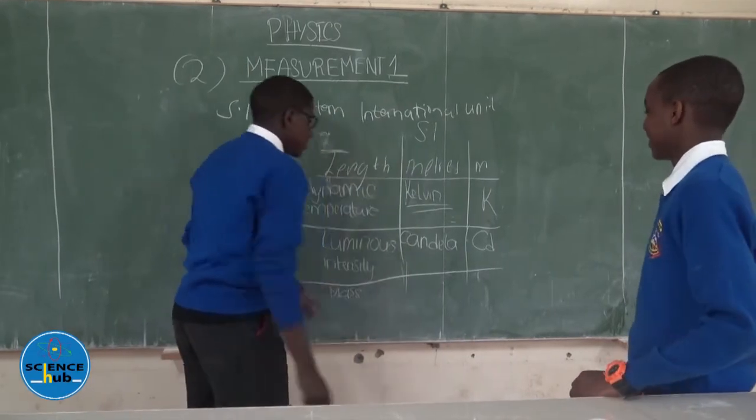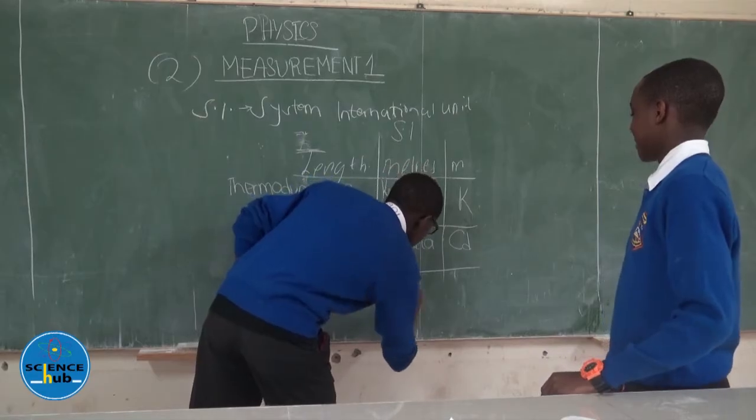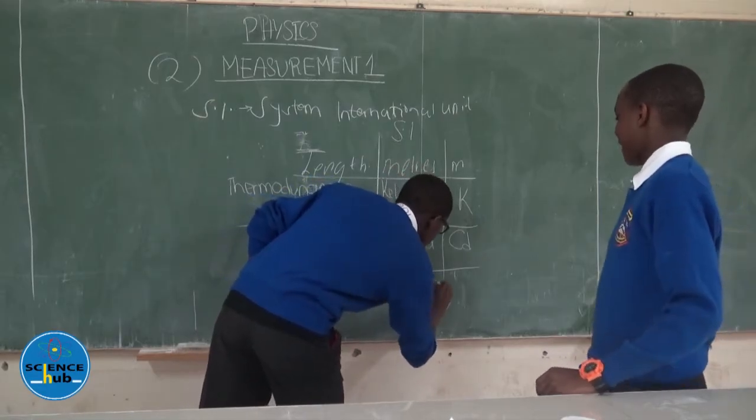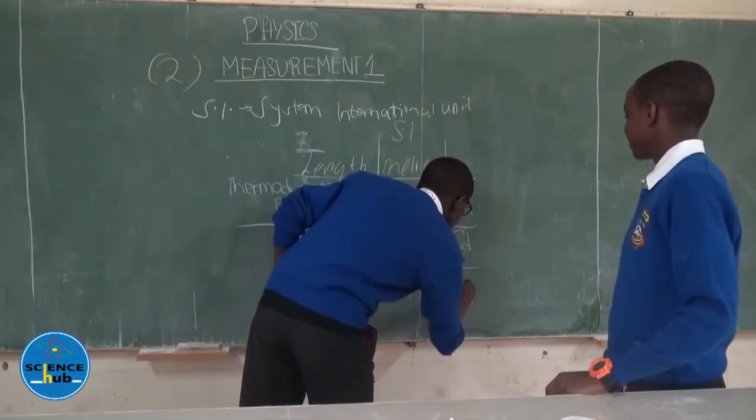The SI unit for mass is kilogram, and it is represented by the symbol capital K and G.